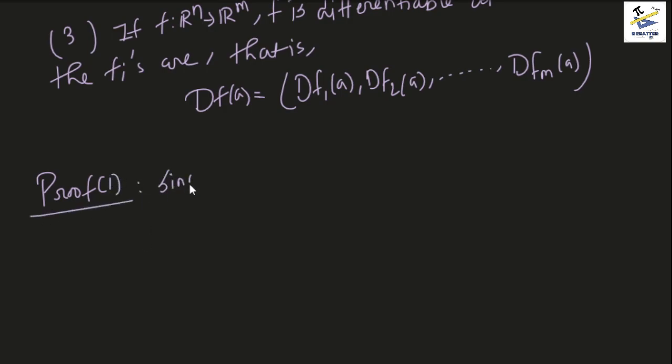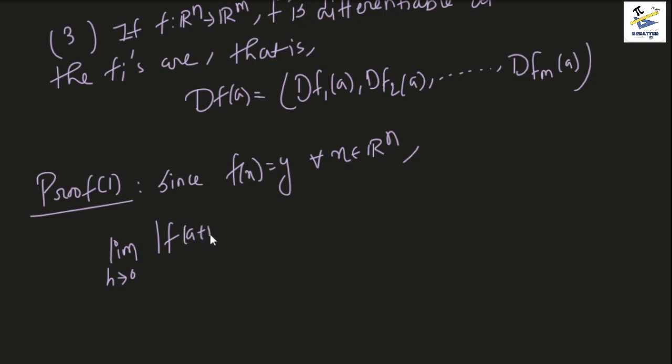Since f(x) equals y for all x belonging to R^n, and we need to prove the derivative is 0, let us prove it at an arbitrary point a. Limit h tends to 0 of |f(a+h) minus f(a) minus 0| divided by |h|.